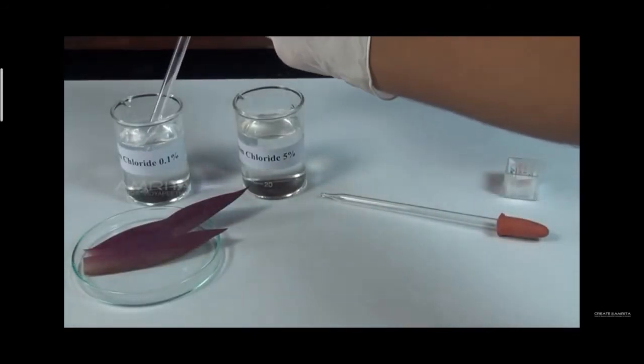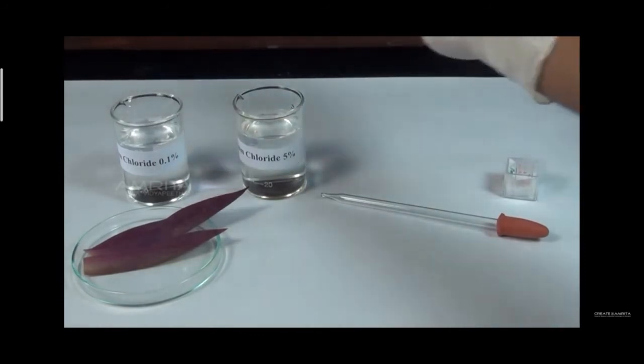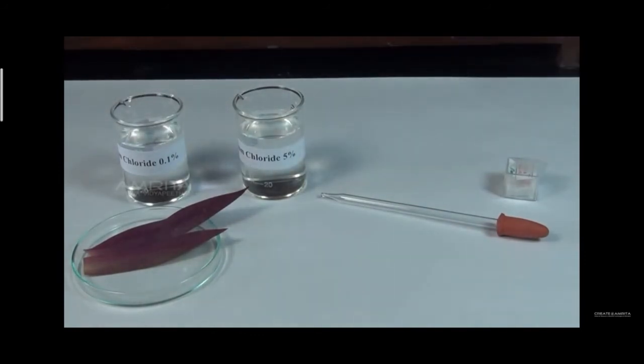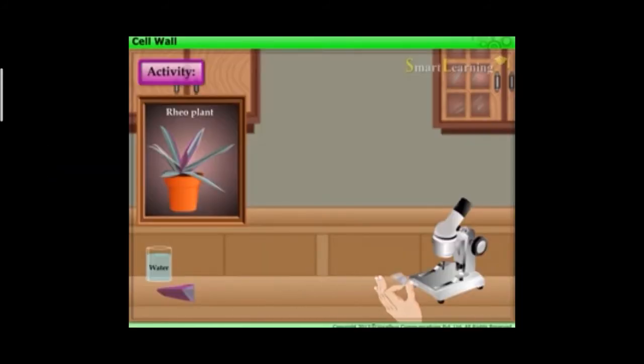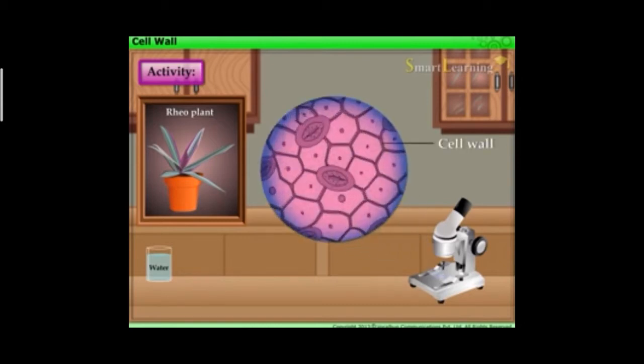Using a dropper, add 1 or 2 drops of sugar or salt solution on the layer. Observe the slide under a microscope. We will observe cell wall, cell membrane, cytoplasm, nucleus and small green granules called chloroplast. The stomata cells are also visible.